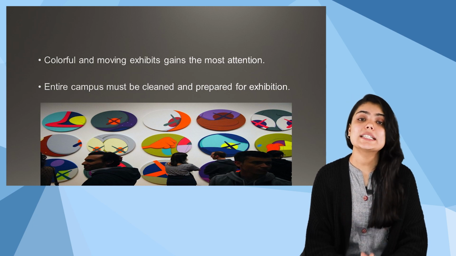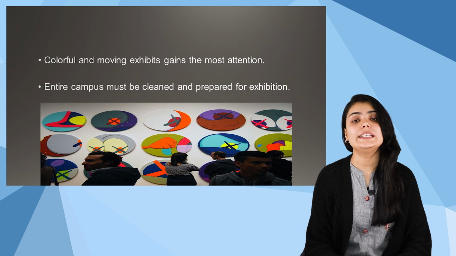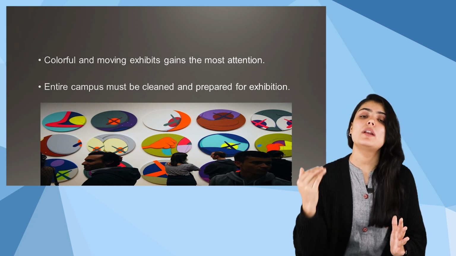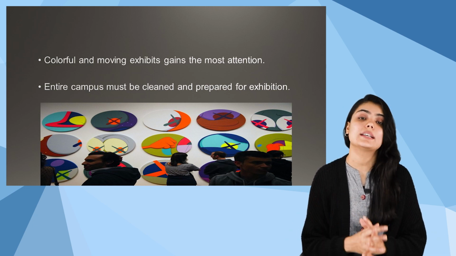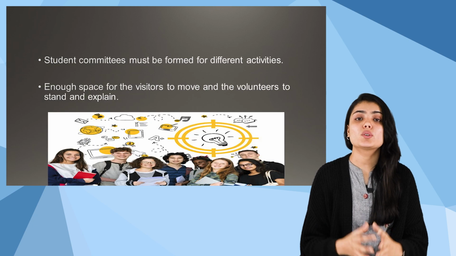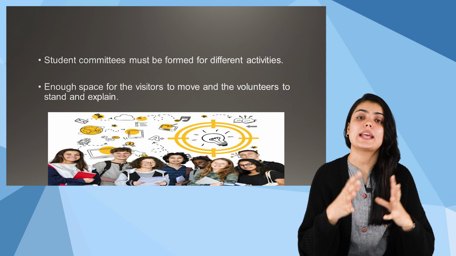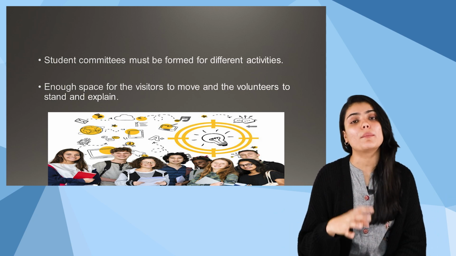In order to conduct any educational exhibition, the entire campus must be involved, cleaned and prepared for the exhibition. As we are conducting the exhibition for people outside the campus, the entire campus must be prepared for holding the exhibition. Next one, student committees must be formed in order to carry out different activities. We need volunteers to conduct an exhibition when visitors are coming from outside.